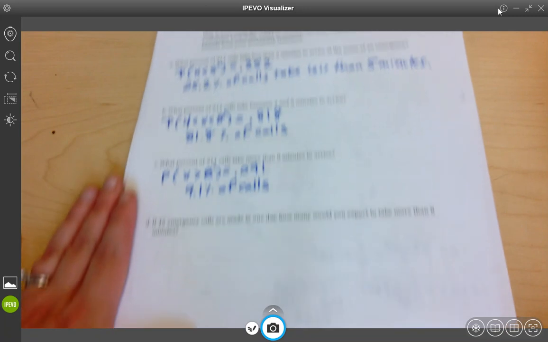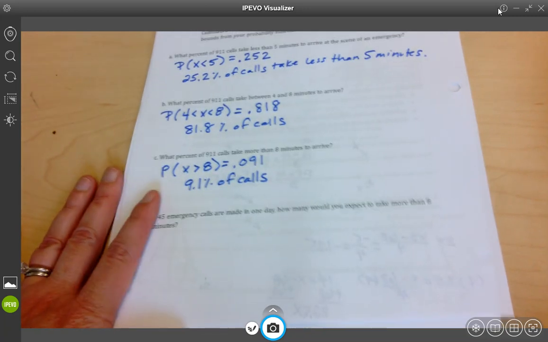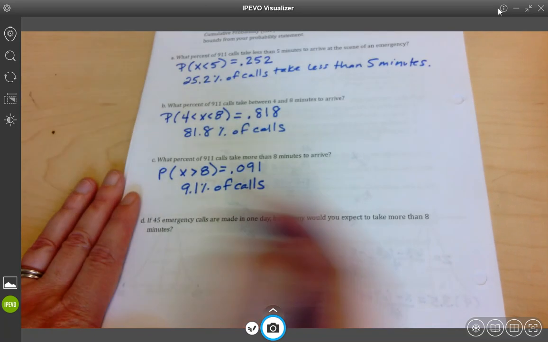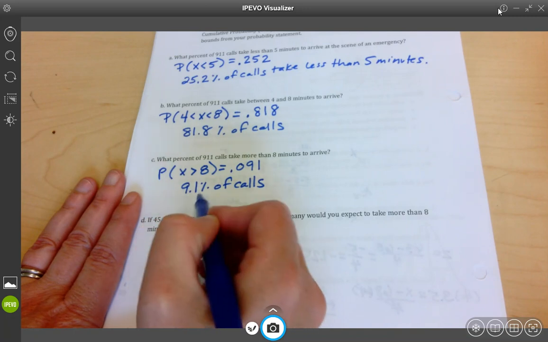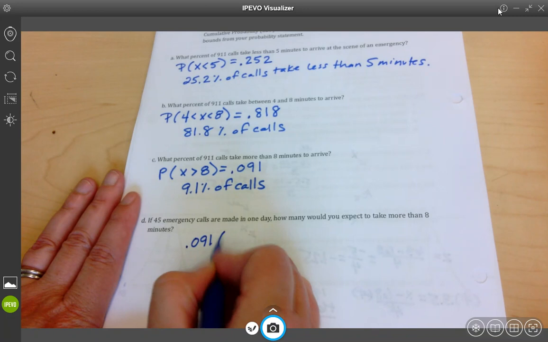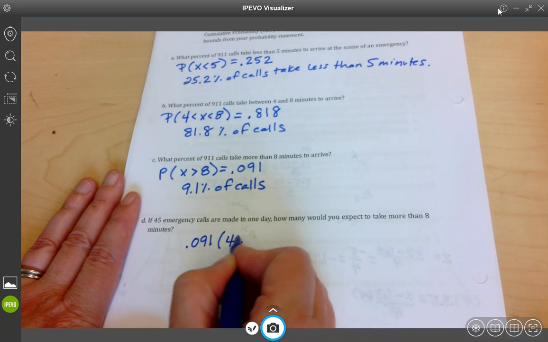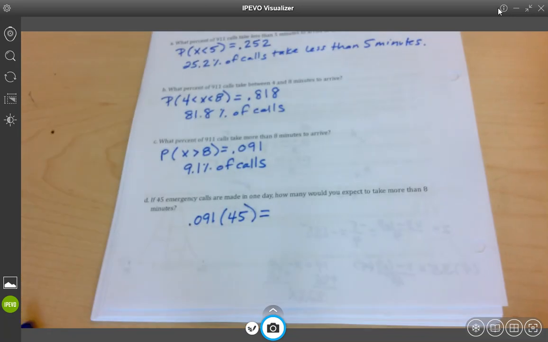All right, if 45 emergency calls are made in one day, how many would you expect to take more than 8 minutes? So I think some of you have already done this. You saw that it was going to be 9.1%, which as a decimal is 0.091. And you multiply that by 45 to find out how many calls are more than 8 minutes.